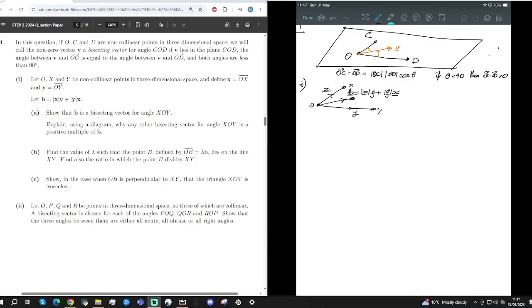So we need to show that the angle between x and b is the same as the angle between b and y. Show that b is bisecting.